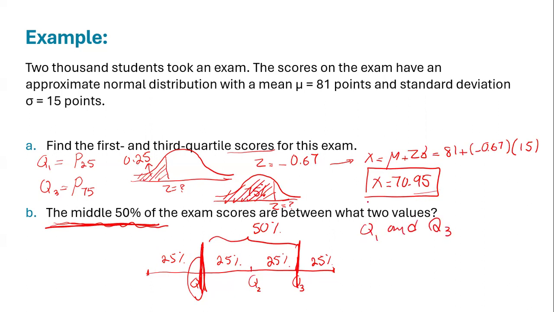Right now, I have the answer for the first quartile, 70.95. And now you find the third quartile. Any number that you get for the third quartile, you can claim that the median 50% of the exam scores are between these two values.